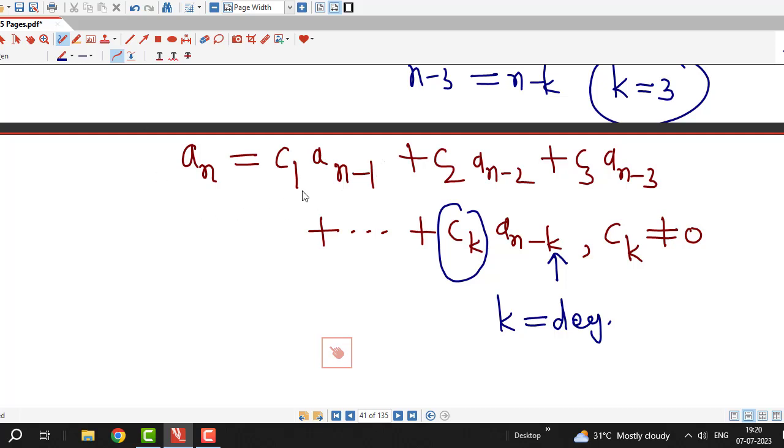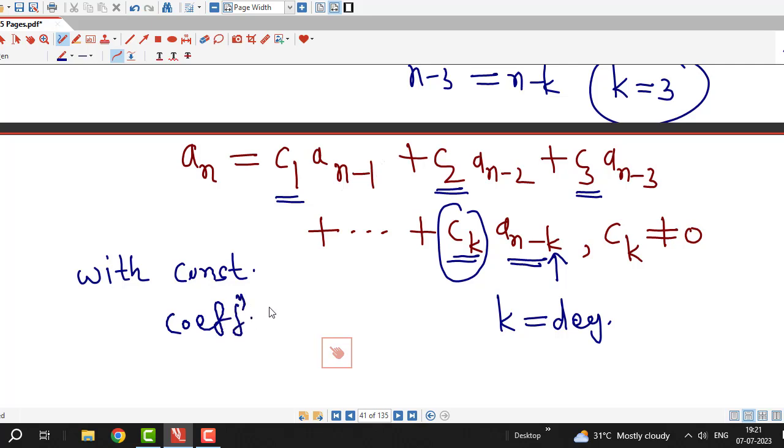And the last thing is the coefficients of each term on the right hand side. So if all these coefficients of an minus 1, an minus 2 up to an minus k are constants, then we say that it is a recurrence relation with constant coefficients.